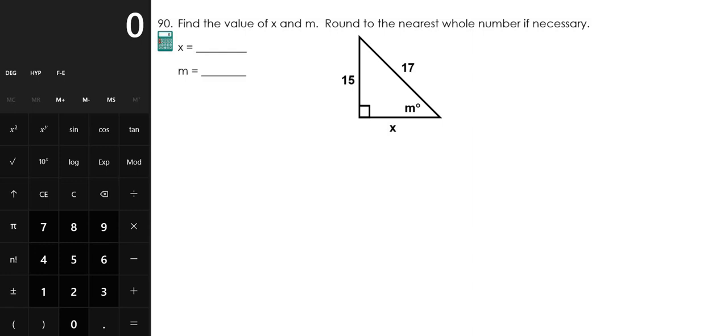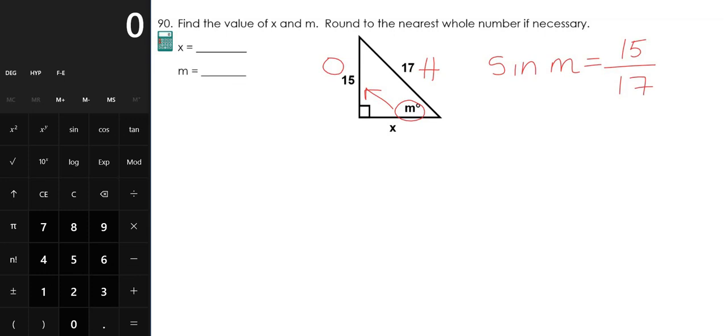Now, if I'm looking for angle m, that's my reference angle. So I'm going to still label opposite, and the 17 is your hypotenuse. We don't have x, so I'm not even going to label the adjacent side. O and H means SOH, sine. So I would normally set this up and say sine of angle m equals opposite side, which is your 15, over the hypotenuse of 17.